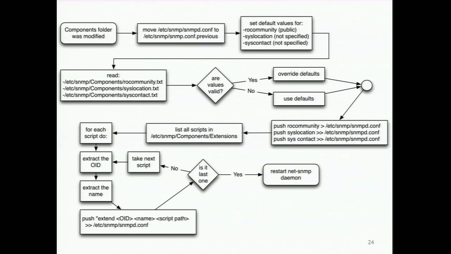Now, the second part of my parser lists all the scripts that I have in my extension folder. And for each script, and again, this is something that I've set. You don't have to follow this. You can make your own logic. But you can specify when you extend the SNMP agent, that result, give it to me on a specific branch.